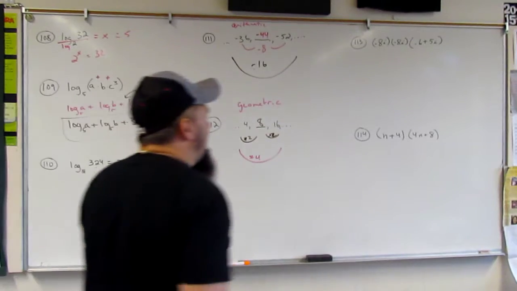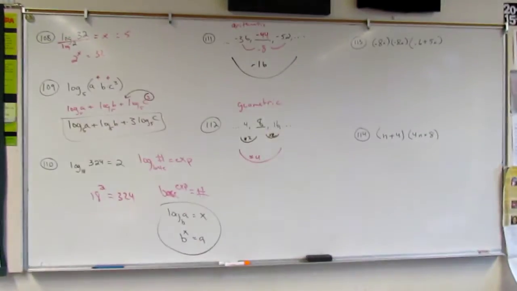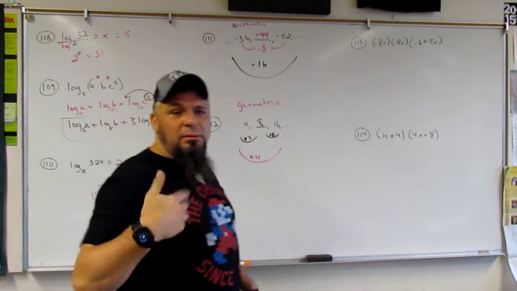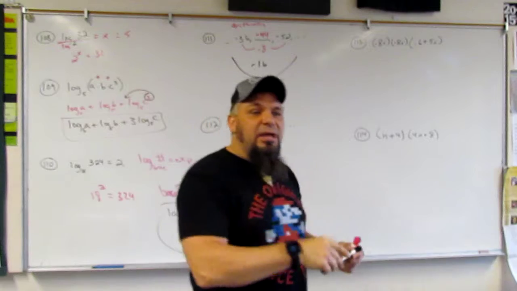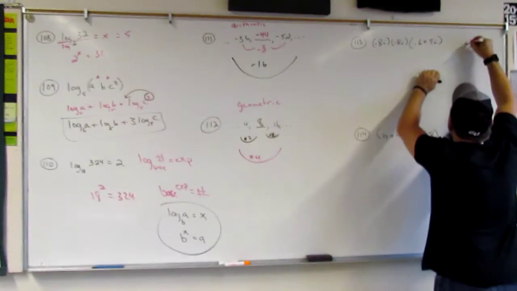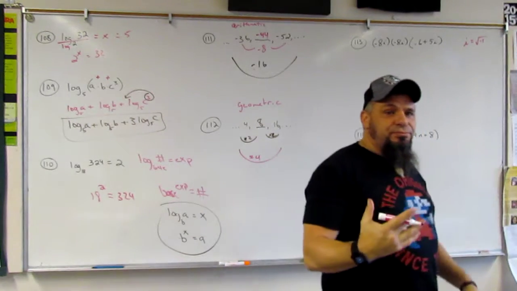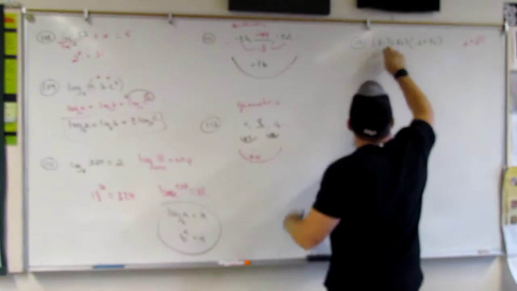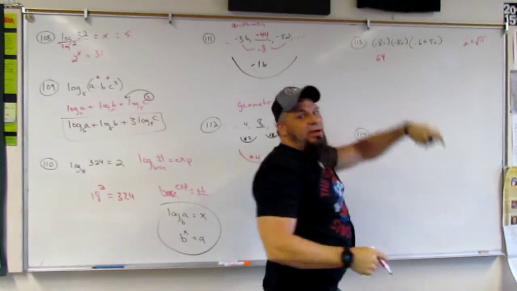Alright. Now we got complex numbers. Remember, what is i? Imaginary. But what is it? What is i? What number is it? Square root of -1, right? So we have to remember, i is equal to the square root of -1. So when we multiply these, I get negative times a negative is a positive, right?